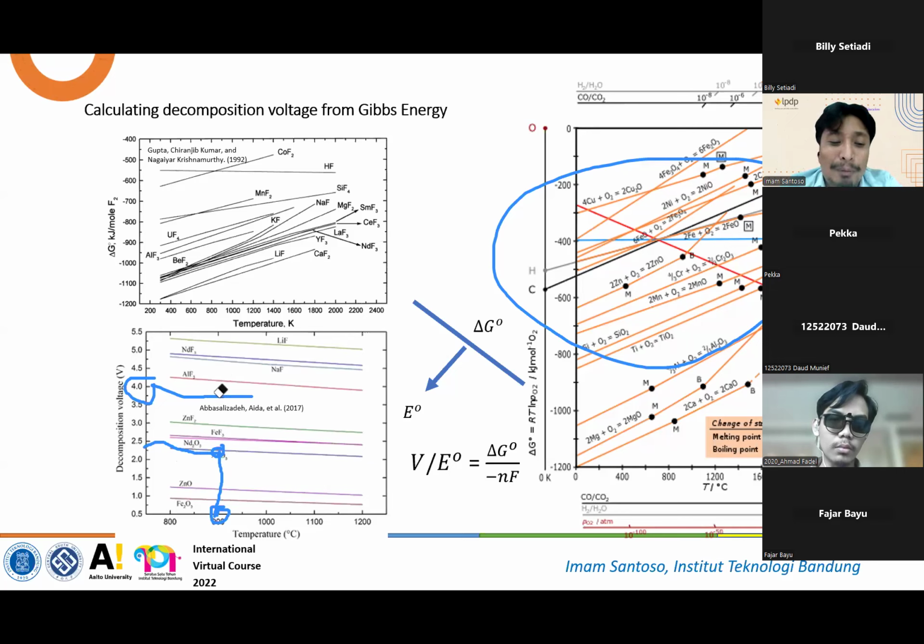Again, it will decompose aluminum oxide, but not aluminum fluoride. That's the use of the potential diagram. Any questions?